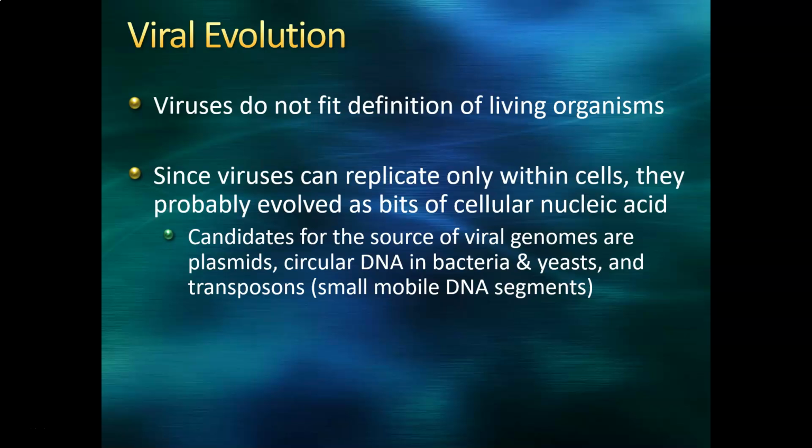They're not really species if we don't consider them living things, but coming from bacterial plasmids, from bacteria, circular DNA, yeasts, transposons, which we'll mention a little later this year, and these are just small components of DNA in a lot of organisms that are capable of moving. So lots of places for viral genetic evolution to come from. It's kind of interesting if you start to dive into their genetics, because it really is kind of a hodgepodge of places we think that stuff has come from.